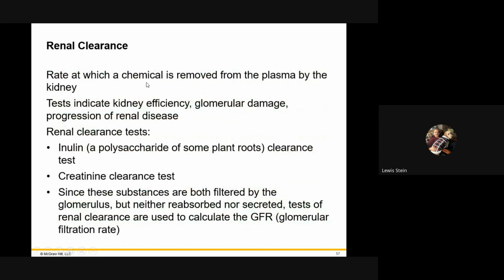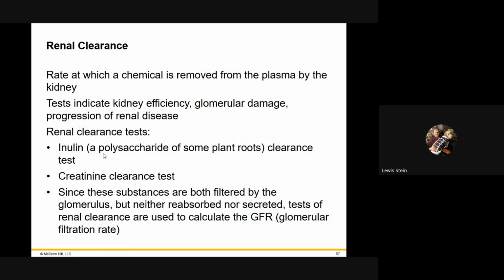This is the whole idea of being able to clear something. If you're going to do it scientifically, to estimate it from blood tests, the way to do it is to do what's called a 24-hour urine. They administer a polysaccharide that we neither absorb nor break down.